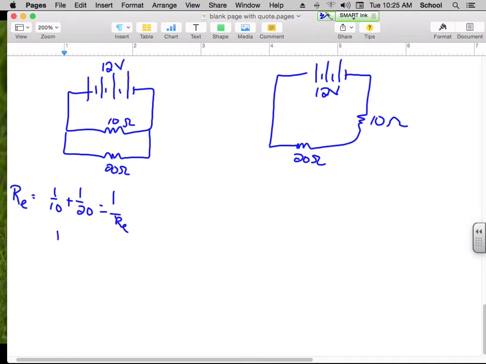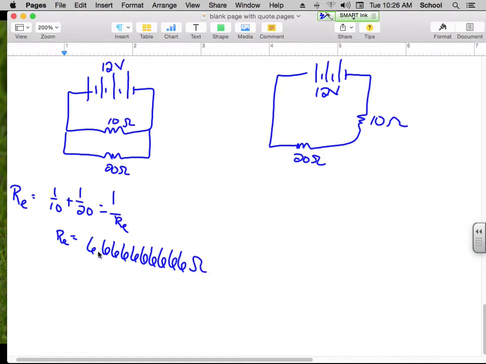And so that would mean my R effective is 10 to the minus 1 plus 20 to the minus 1, all to the minus 1. And I get 6.666666 ohms.